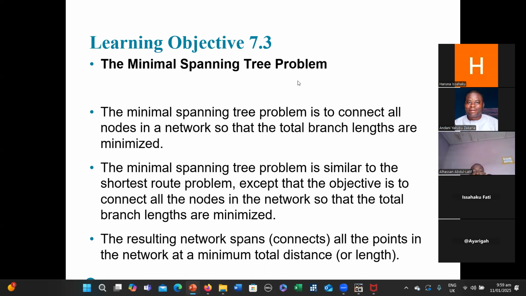In other words, if we consider the network connections as, for instance, lines or ropes, how do we ensure that the rope that is connecting the network nodes is the shortest? At the same time, all the nodes are well connected.